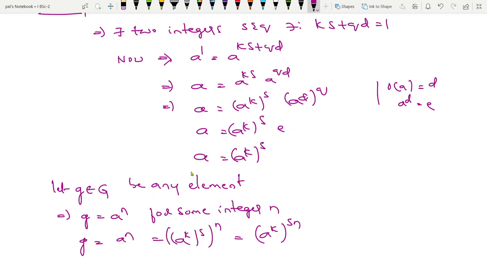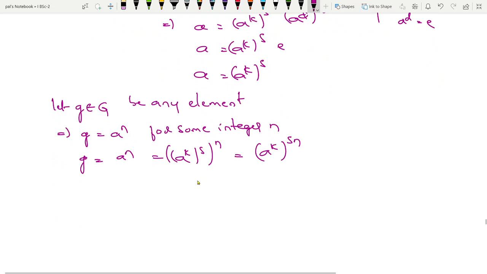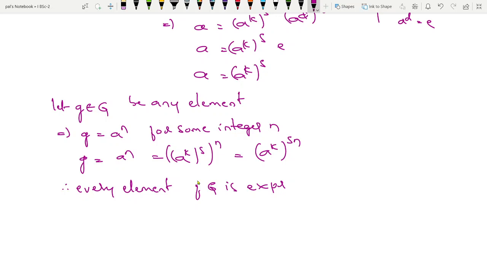So a power k is also a generator of the group G. So therefore every element of G is expressed as some integral power of a power k.